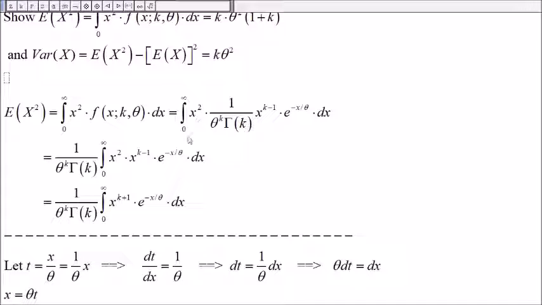What's left is x squared times x to the k minus 1 times e to the negative x divided by theta. X to the second times x to the k minus 1, we just add 2 and k minus 1. So 2 plus k minus 1 is k plus 1.